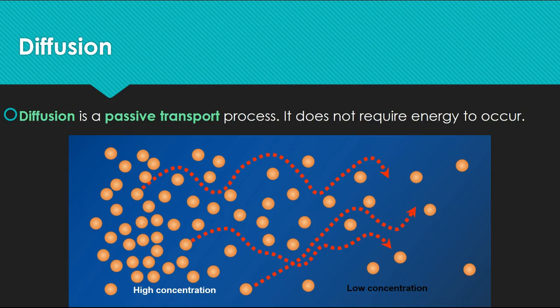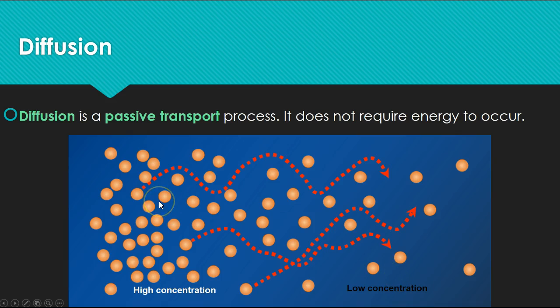Okay, so moving on to different types of movement of materials in a cell, the first type we're going to look at is diffusion. Diffusion is classified as a passive transport process, and that means that it doesn't require any energy to occur. Diffusion moves along what's called a concentration gradient. So you will have two areas of concentration, an area of high concentration, here on the left, and an area of low concentration, over here on the right.